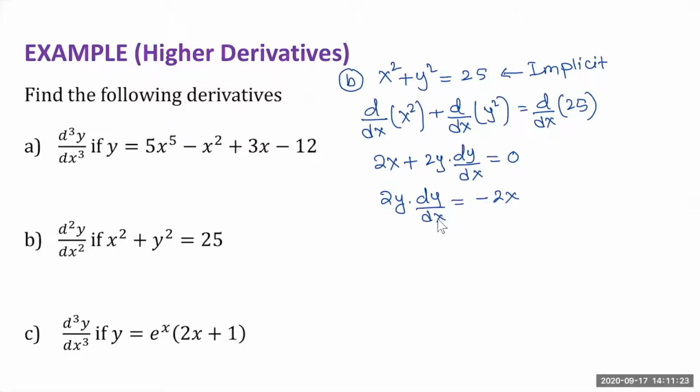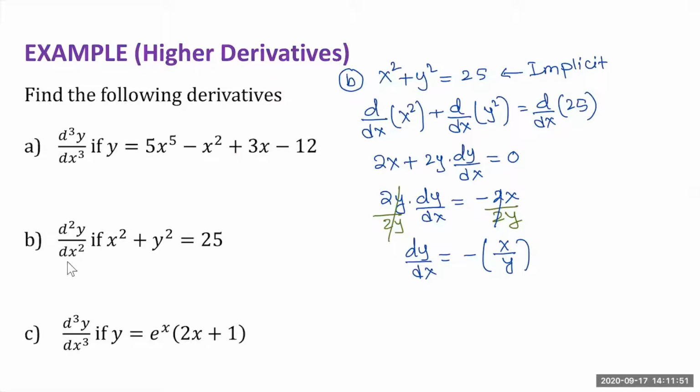Now I want to find dy over dx by itself, so I'm going to divide on both sides by 2y. The 2y cancels on the left hand side. And I get dy over dx is equal to negative, 2 and 2 cancel, negative x over y. So that is the first derivative.